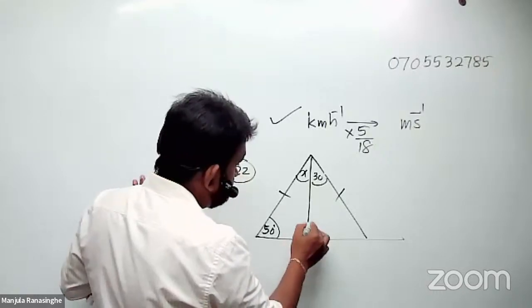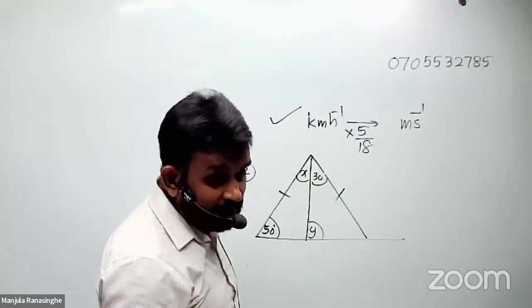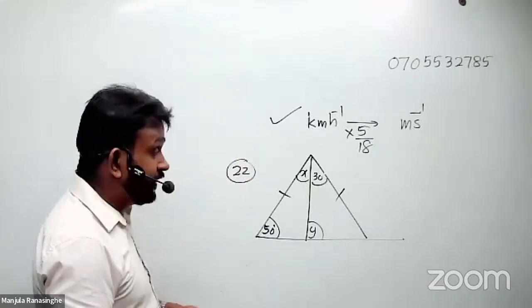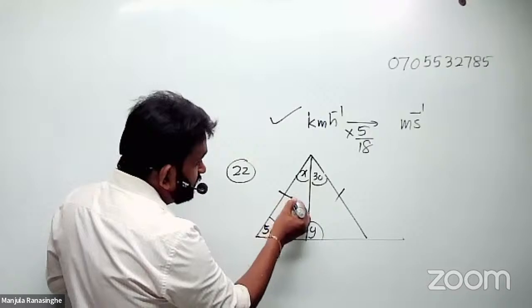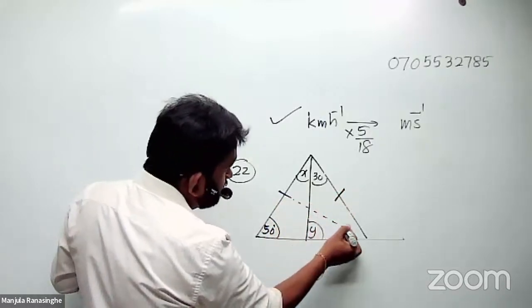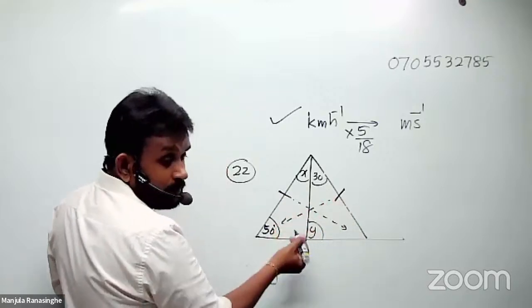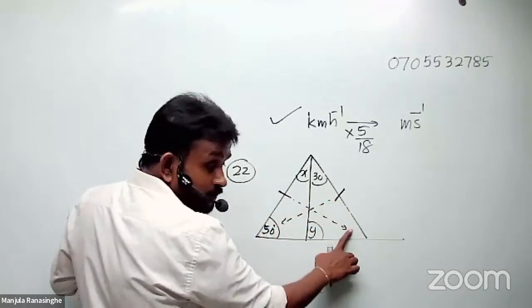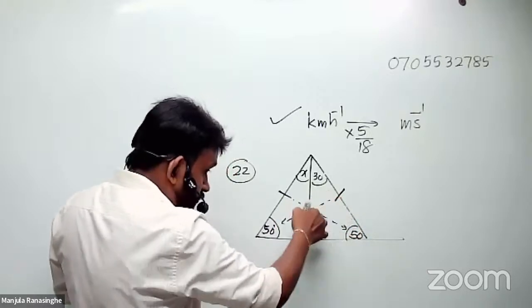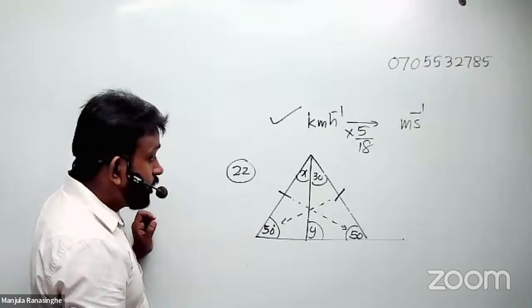They are asking to find the value of x and y in the given information. See clearly. When two sides are similarly marked as equal, the angles opposite to those sides are also equal. So if it is 50, they are also 50. Why? The opposite sides are equal, then the opposite angles to those sides are also equal.